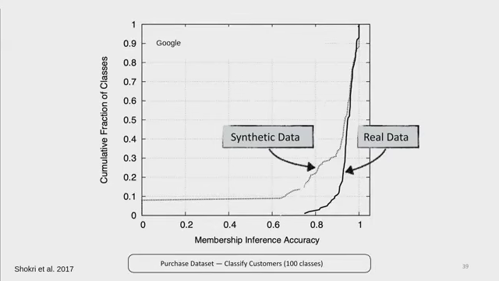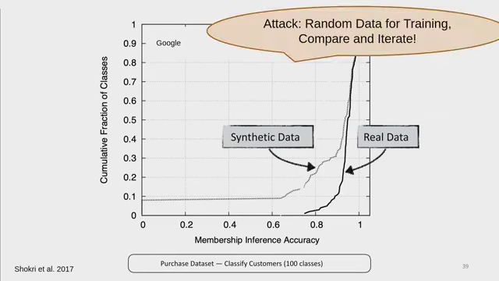This is a task that is repeated multiple times until we get close enough to the real data for the attack. So here, the attack is we use random data for training, we compare the two outcomes, and then iterate. Again, we are getting closer to the underlying hidden trained model that we're trying to infer, and then we know somewhat how the sample distribution looks.